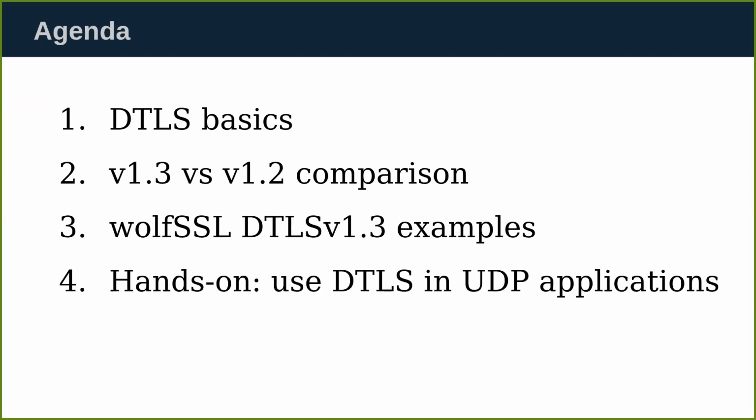Some examples for code, where we will talk about some code snippets and how to integrate DTLS into your applications and projects. And at the end, we will have a Q&A session where I will answer your questions about DTLS.